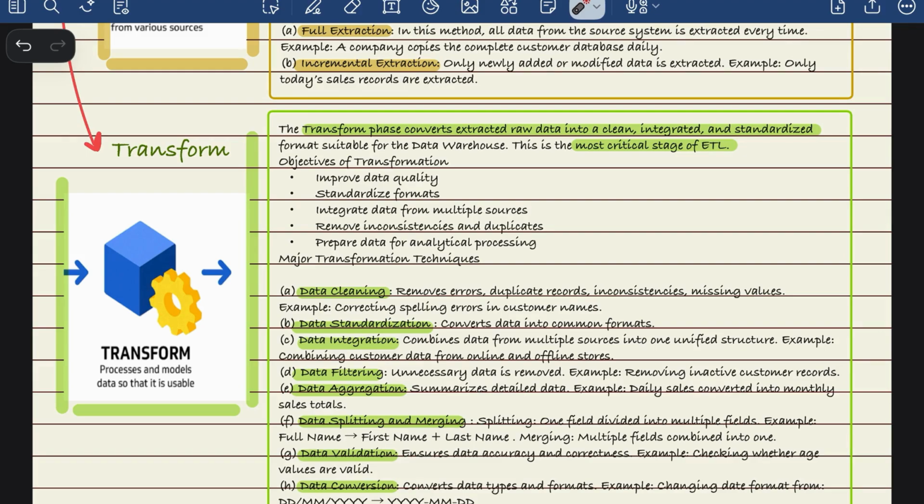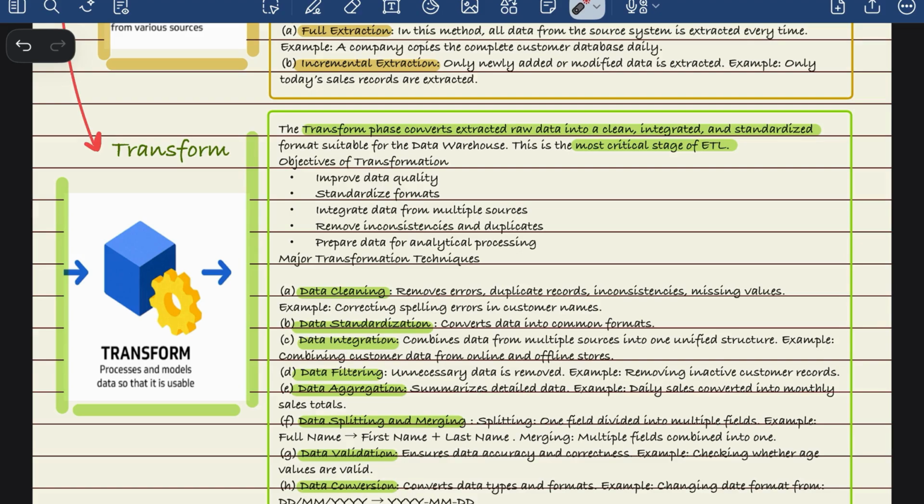This merging and data splitting is very crucial, and it helps a lot when we are doing deeper drill down analysis. We also have data validation, which ensures data accuracy and correctness, that all the values are valid. And we also have data conversion, which converts the data type and format.